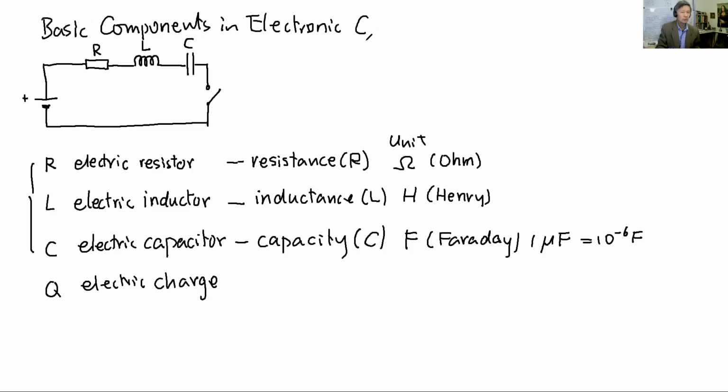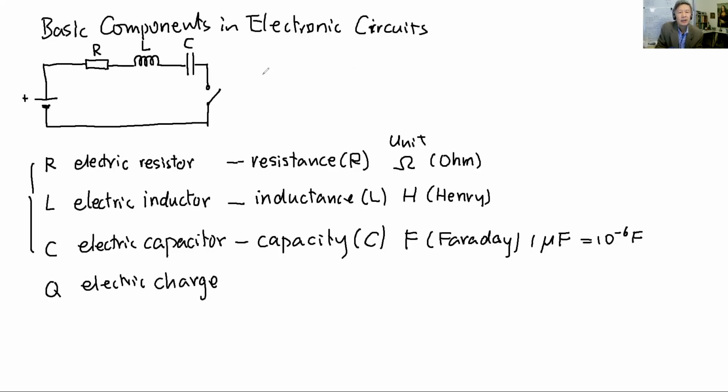Because it involves electrons, the movement of electrons, it's called electronic. The difference between electronic and electric could get too complex, because we're talking about the circuit.